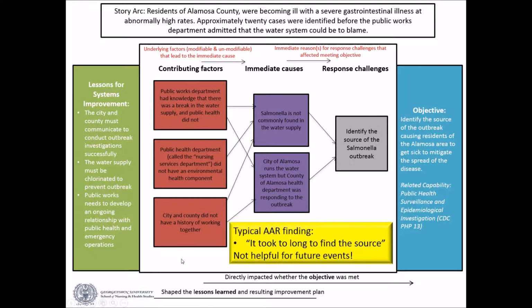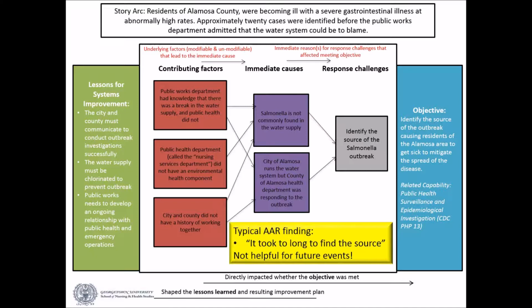I'll say one more thing about this before handing the presentation off to Rachel Piltch-Loeb. Some people sometimes are confused about the directionality, from left to right or from right to left. The way we think about it is we begin with the objectives and response challenges and work backwards to identify the contributing factors and root causes, and that teaches us about lessons for improvement.